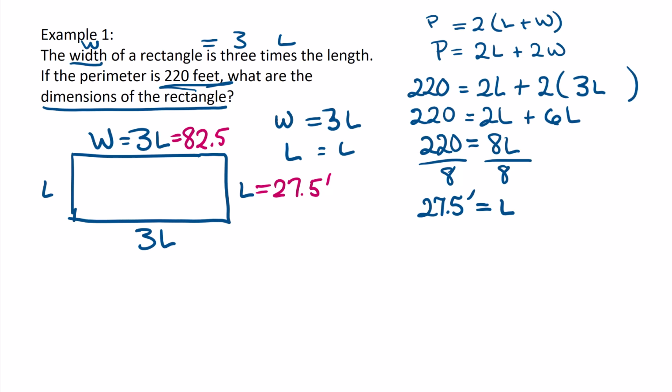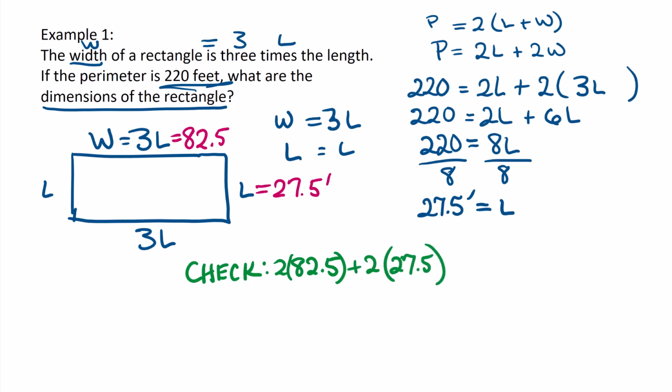Now we can double check that our perimeter comes out to be 220. This is our check. I'll go ahead and do this in green just to keep track. So our check is 82.5 times 2, because we have 2 of those, plus 2 times 27.5.